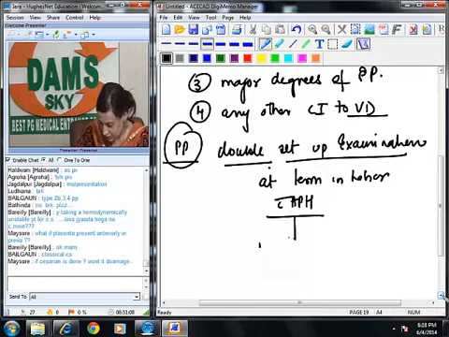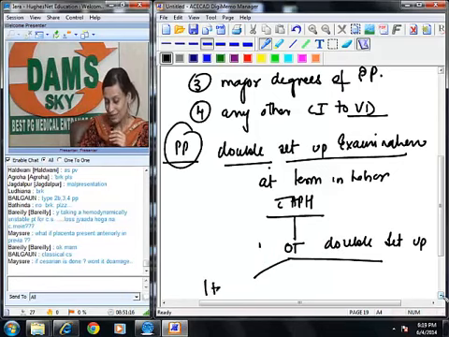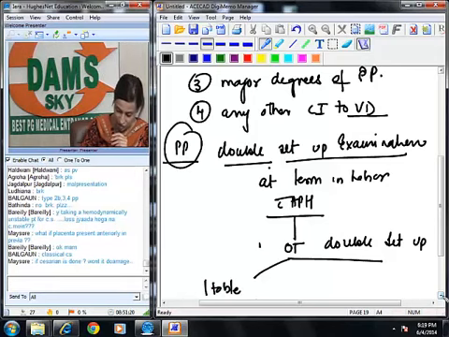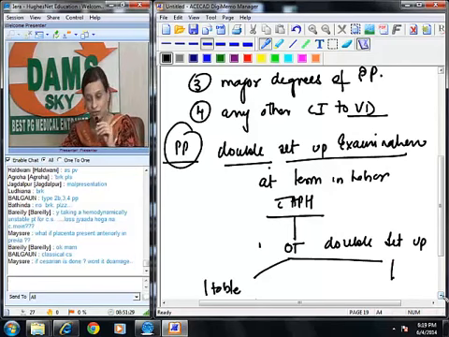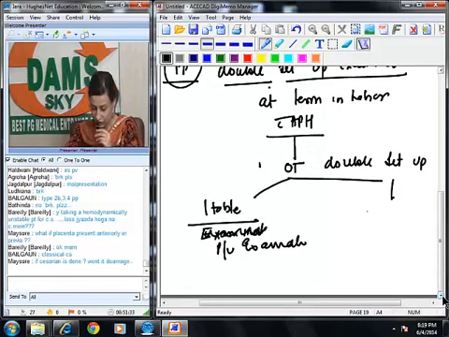In that case, we take the patient to OT and do a double setup examination, by which we mean on one table we do a PV examination, and on the second table we keep everything ready for an emergency cesarean section.